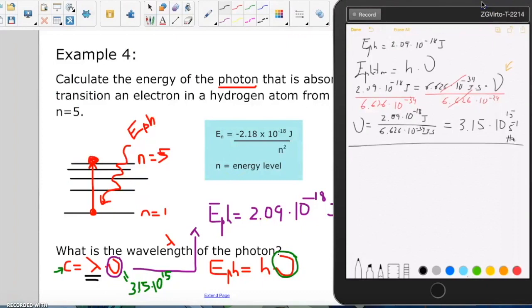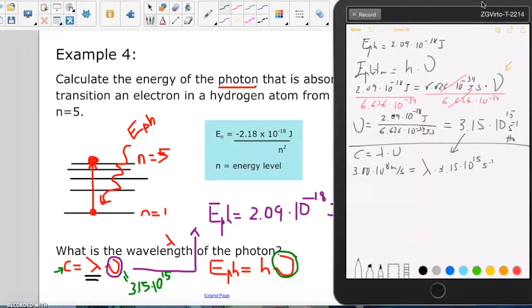Knowing the frequency and knowing that the speed of light equals the frequency times the wavelength, we're going to solve for the wavelength. Let's plug in the numbers here. We have the speed of light, 3.00 times 10 to the 8th meters per second, equals lambda, that we don't know, times the frequency, 3.15 times 10 to the 15th seconds to the minus 1.